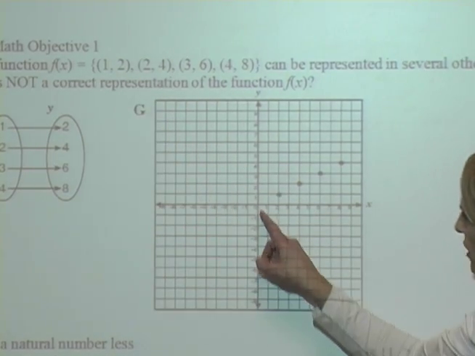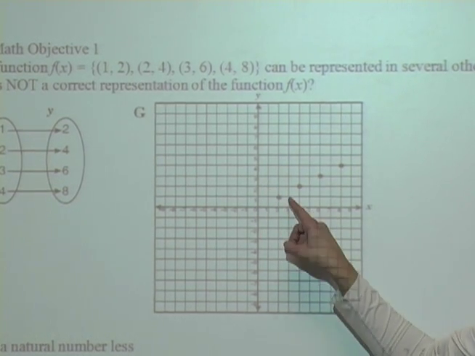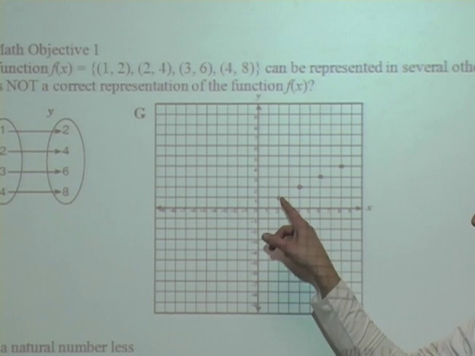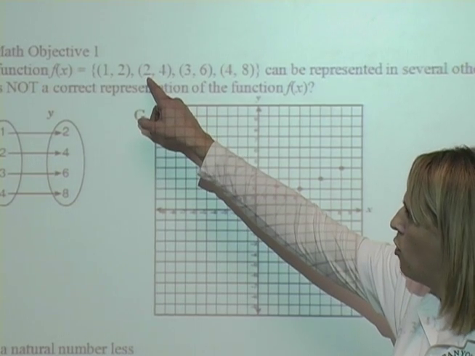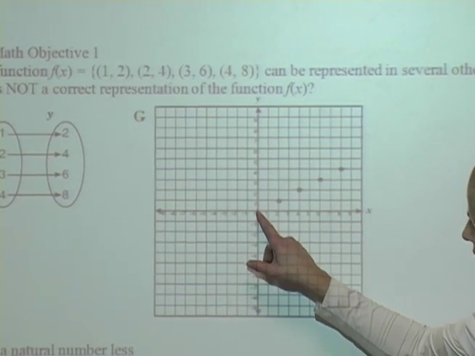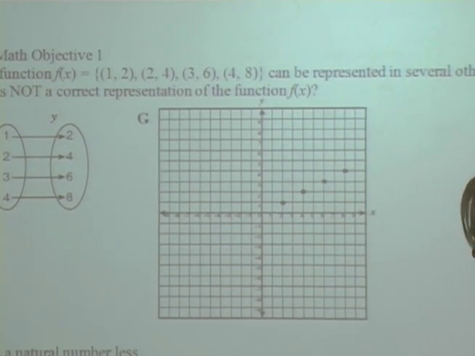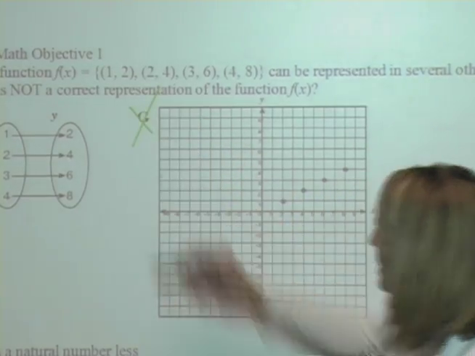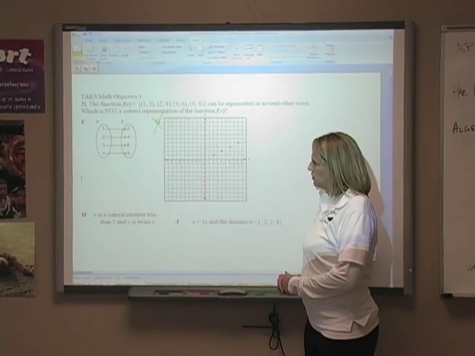So my first point should be over 1 and up 2. However, that doesn't appear to be the same as the first point on this graph. Again, if I look at the next point, over 2 and up 4, it does not match. So it appears as though G does not give us a proper representation of this function.